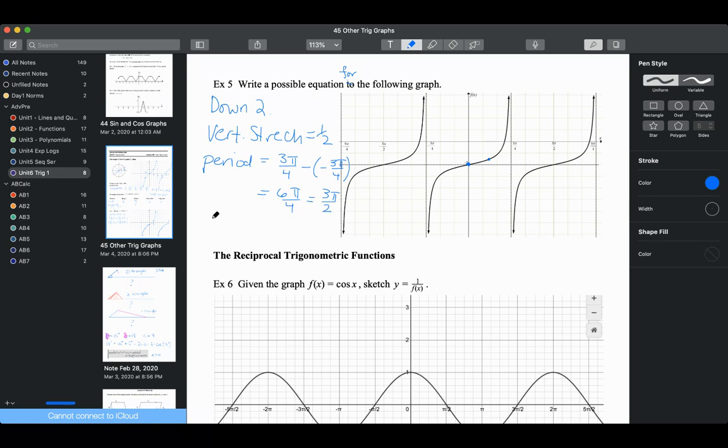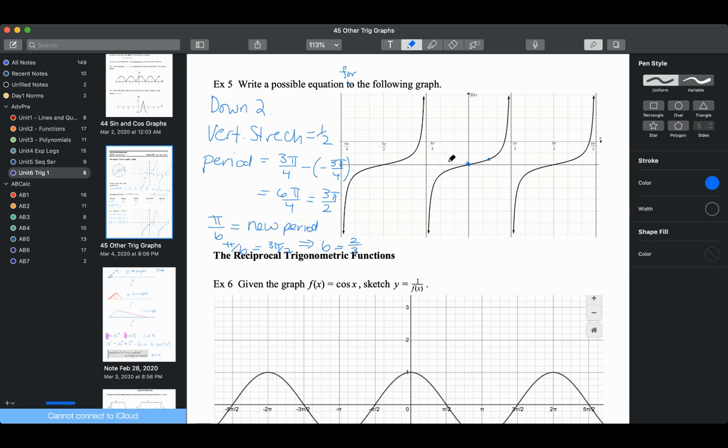And so I know that pi divided by b is my new period. So that tells me that pi over b is 3 pi over 2, which implies that the b value is 2/3.